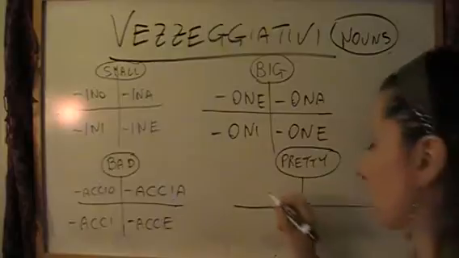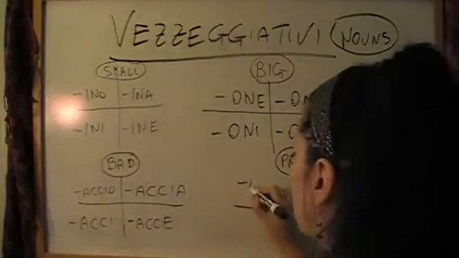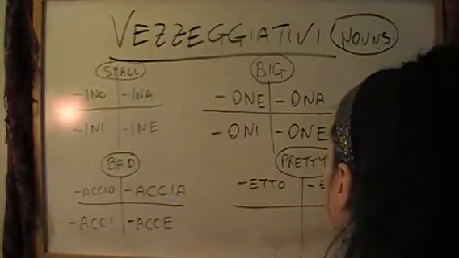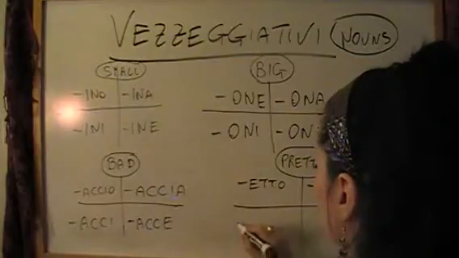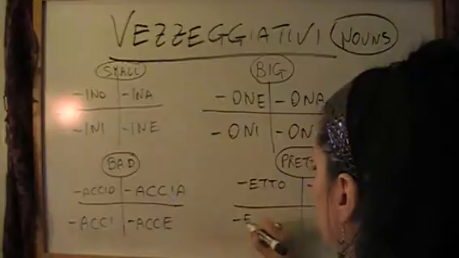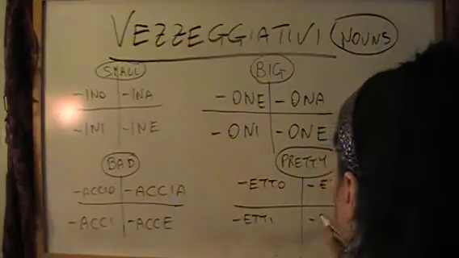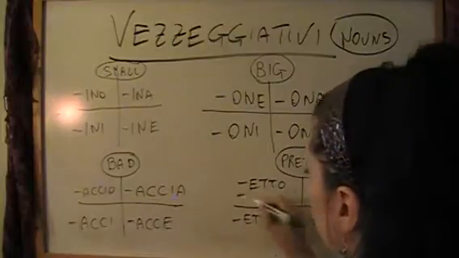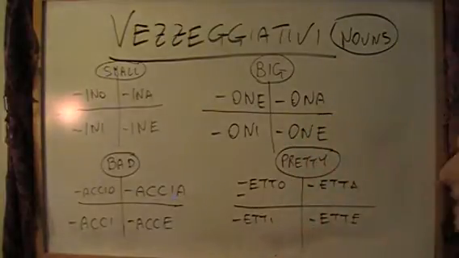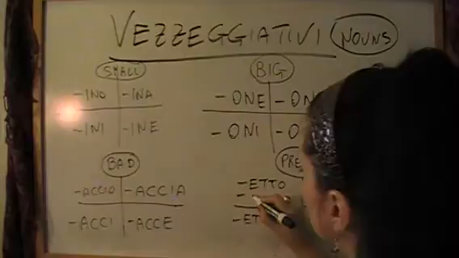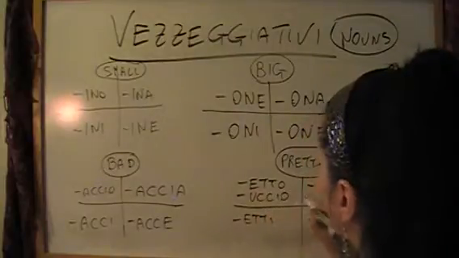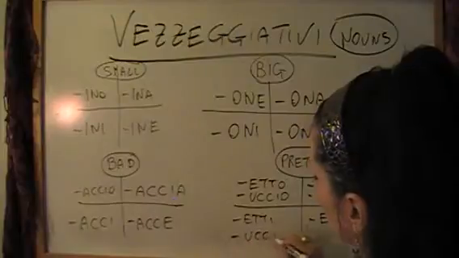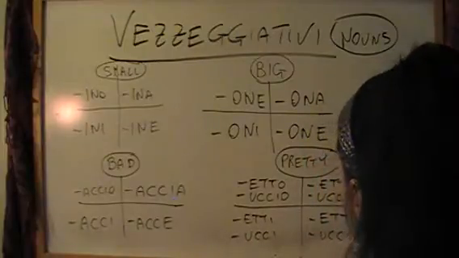Anyway, the most common is etto, masculine singular, etta, feminine singular, etti, masculine plural, ette, feminine plural. In some parts of Italy, especially in the south, they will use uccio, uccia, ucci, ucce.